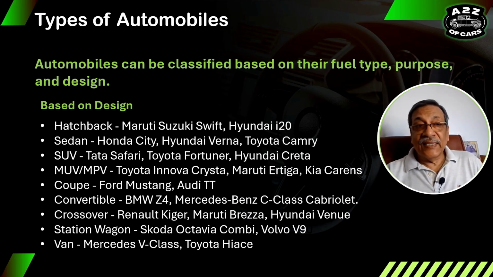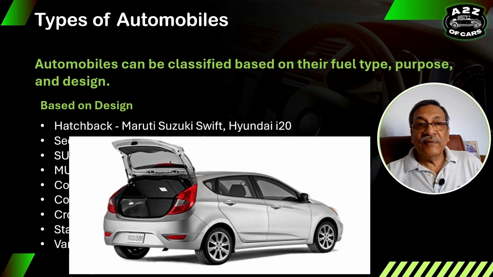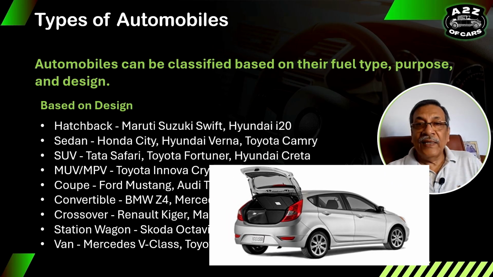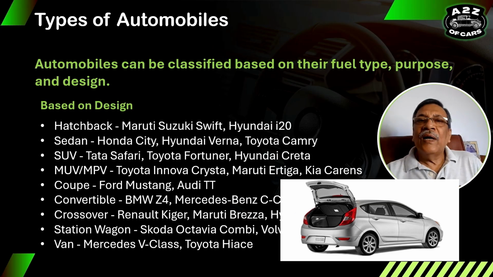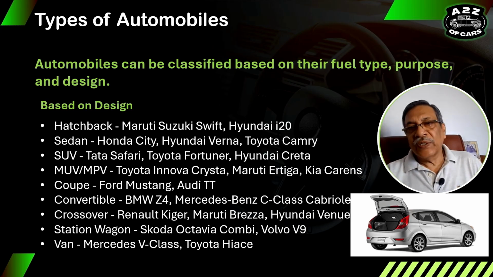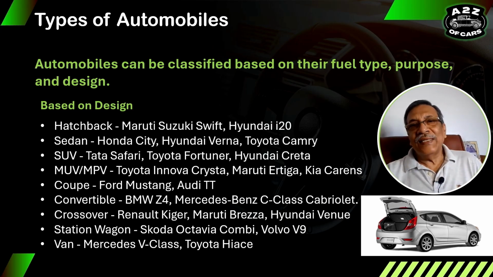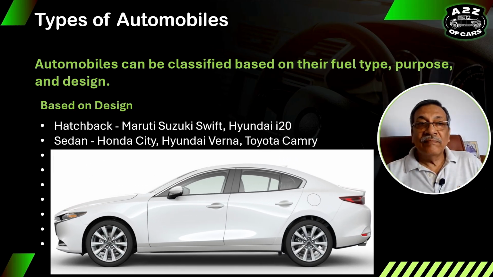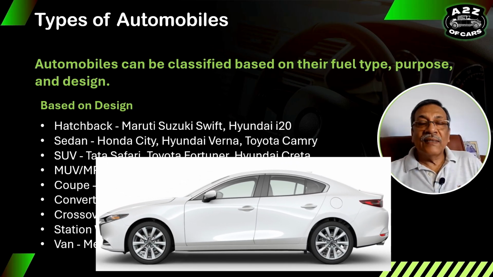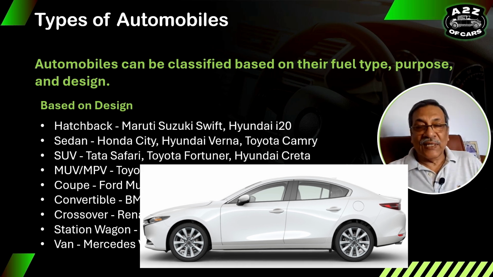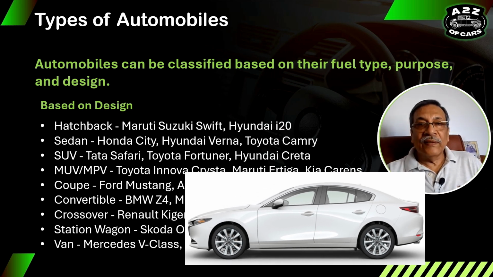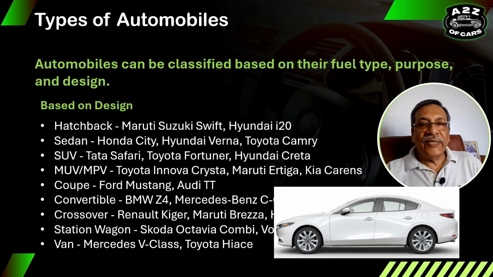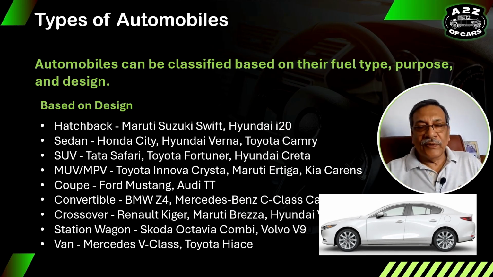Then based upon design, we have hatchback. Examples are Hyundai i20, i10, Swift, Wagoner, Punch, Tiago. All these are hatchbacks. Then we have sedan. Sedan is a three box car actually. The difference can be differentiated using the box also.